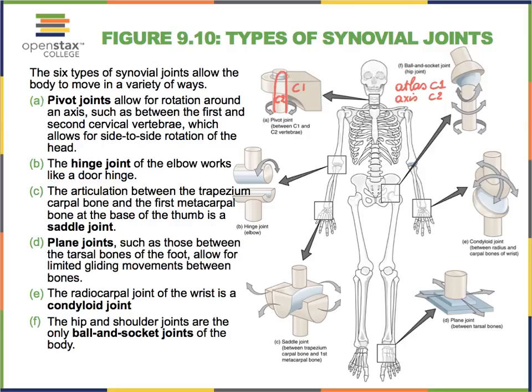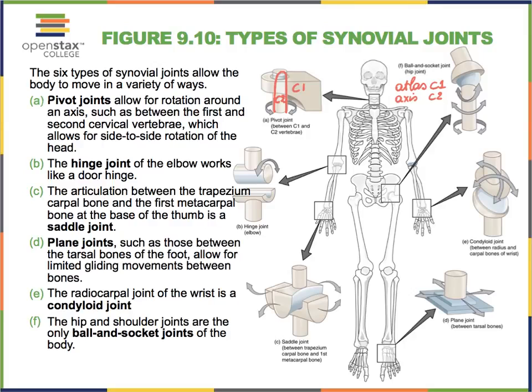And this is what allows our head to move from our left shoulder to our right shoulder and back. And of course, we can just easily say that it's a movement that allows us to say no. Which is different, by the way, from the joint that allows us to say yes, because that involves the synovial joint between our atlas and our occipital bone.